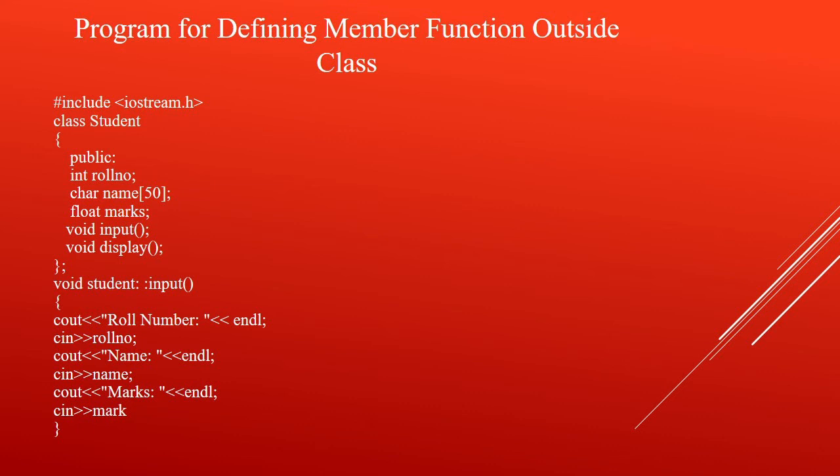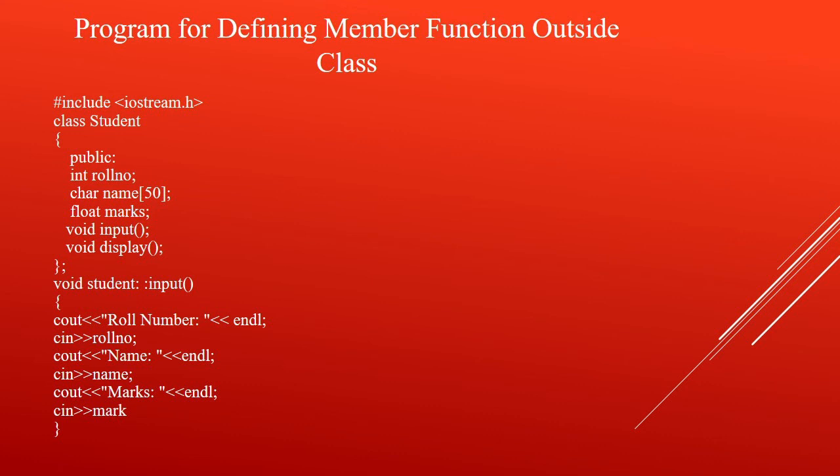In this program, again I have included the header file and defined the class student. Here I have mentioned two member functions, one is input and the other one is display. In this program we are going to get the input from the user. Here, to define the member function outside the class, we have the syntax.